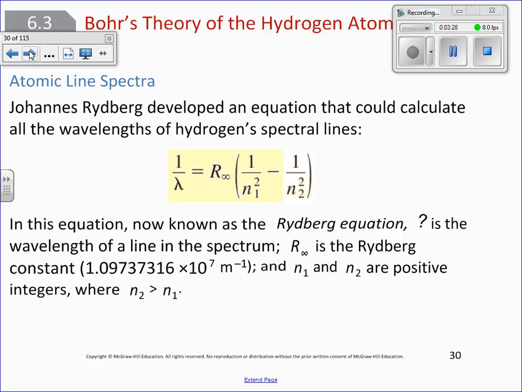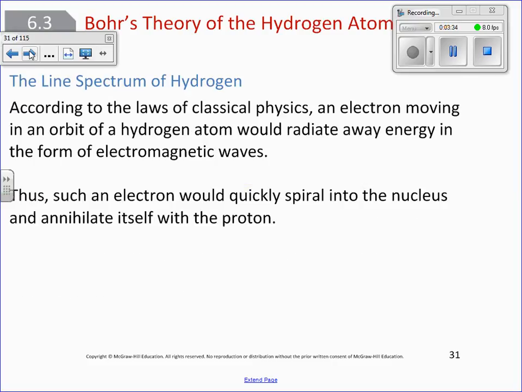So we're going to elaborate on this one. If you think about the classical laws of physics, Newtonian physics, if you have an object orbiting another object, like an electron, it would radiate energy, and eventually it would spiral down into the nucleus and annihilate itself when it hit a proton.